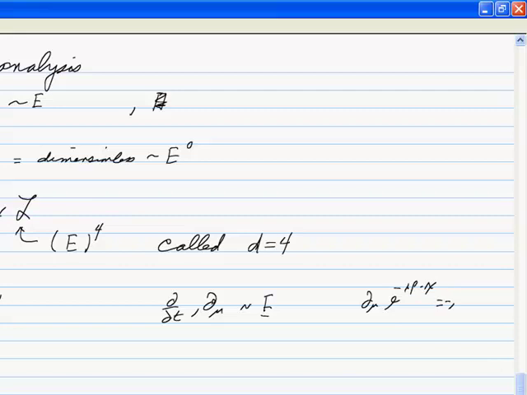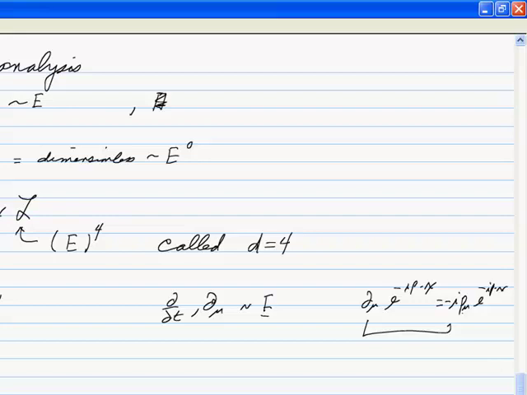that turns into minus i p mu e to the minus i p dot x, because I just bring down a p every time I take that derivative. Derivatives go like p.